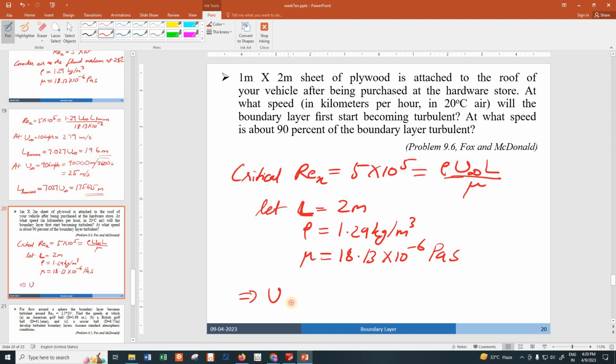So this implies that U infinity is equal to, so the kinematic viscosity can then be calculated, right? Okay, it's fine.